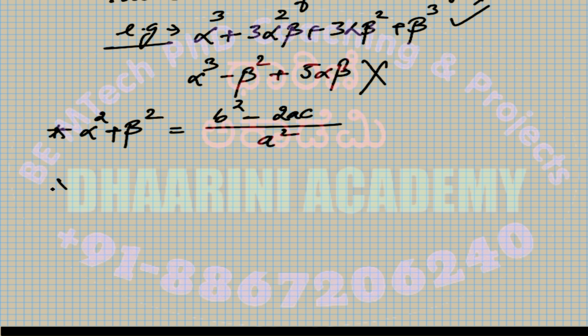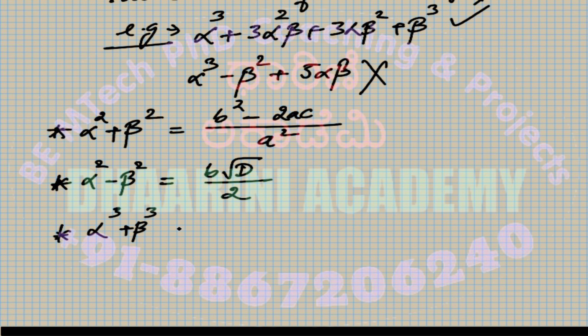Next, if I want to calculate alpha square minus beta square, this is b into root of the discriminant by 2. We use these as and when we require any such relationship. Right now we are simply making note of all such functions. If you want to calculate alpha cube plus beta cube, that is equal to minus of b cube minus 3abc divided by a cube.